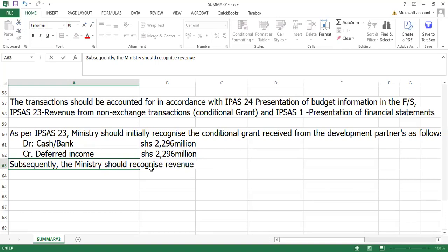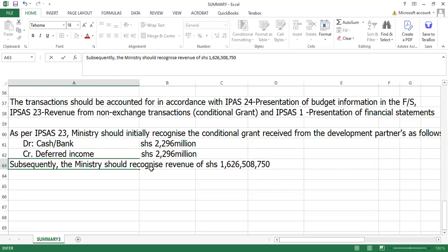Should recognize revenue of shillings, how much? 1,600,508,075.